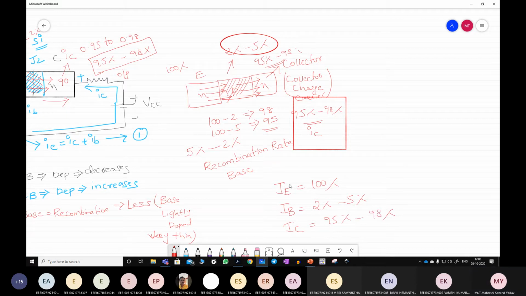So if the recombination is 10, then the charge carriers in the collector will be 90. That is from 95 to 98%. That's it. So this is a simple rule. This is an example which I've given for you to understand this concept. So 100%, out of which 2% to 5% are recombined, and rest 95 to 98% are present in collector end.